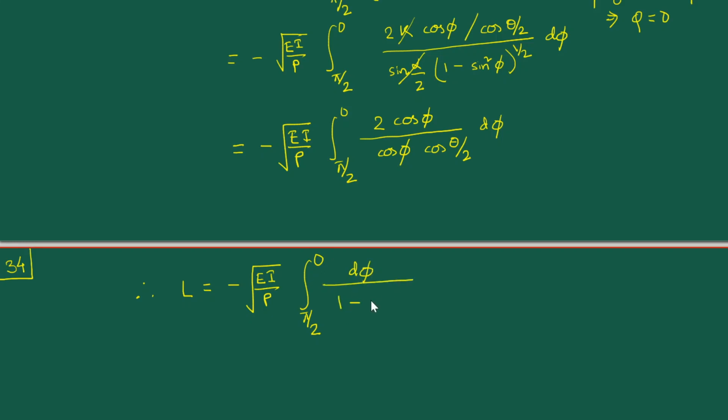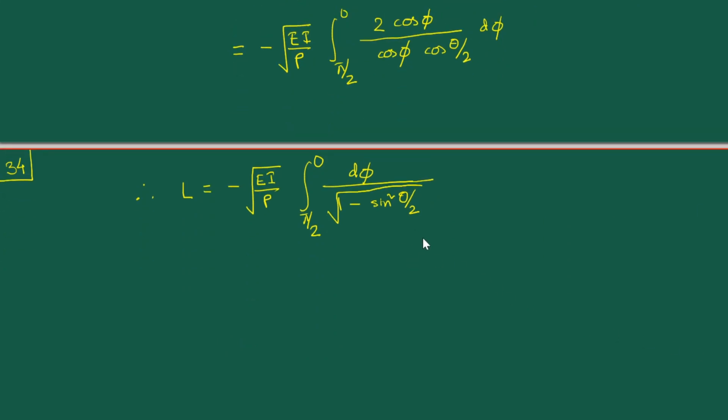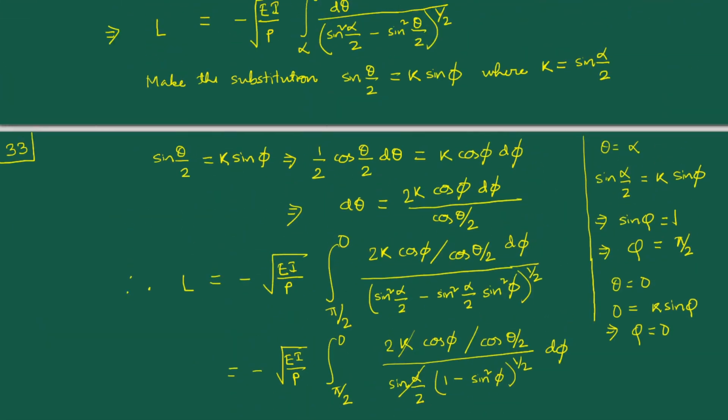So this is 1 minus sine square theta by 2, and you see that sine theta by 2, we already have made a substitution here.